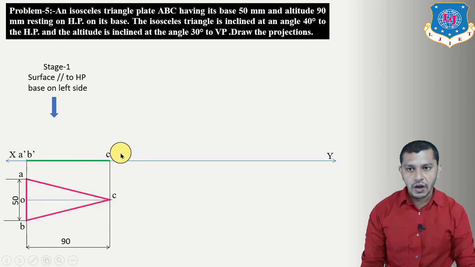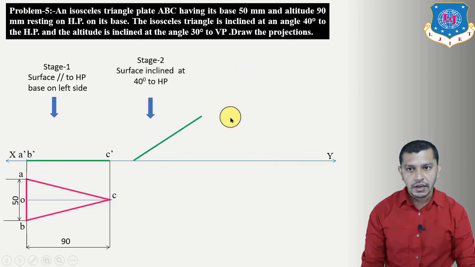So for that, now we have to incline this elevation A dash B dash C dash at an angle of 40 degrees to the XY reference line by taking A dash B dash on the XY reference line, because right now the triangle is resting on its base and base is AB, so the elevation of the base should remain on the XY reference line.